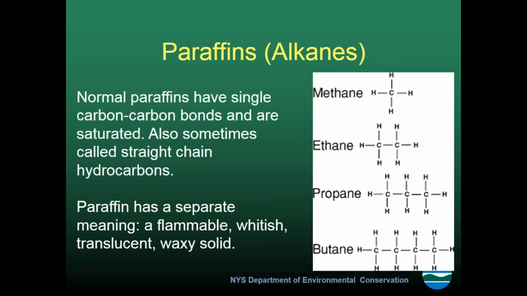So the first one on the group of chemicals on that list, the paraffins, are also known as alkanes, and that's how I had heard them referred to. They're also called straight chain hydrocarbons: propane, butane, octane. So these are single bonded carbon organics.